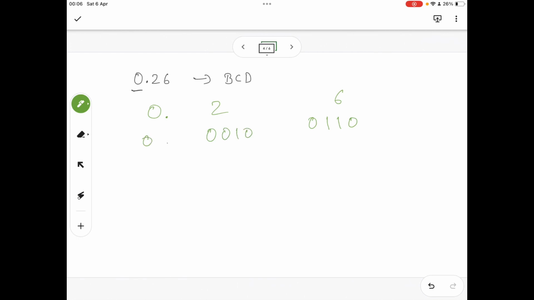Let's calculate it. 4 plus 2 is 6, 1 here is 2, combine them and it is 26. We do not have anything before the point, so we say 0.26.